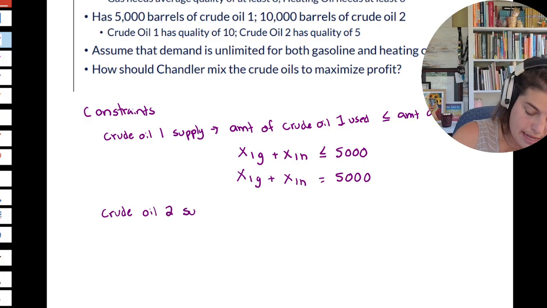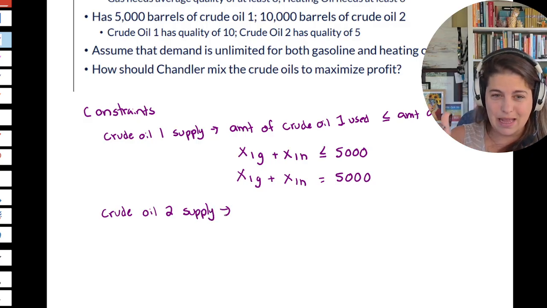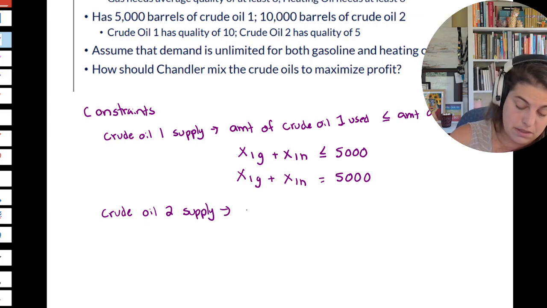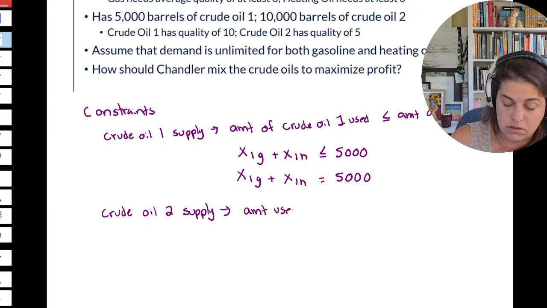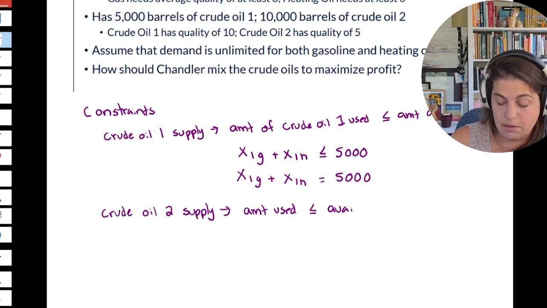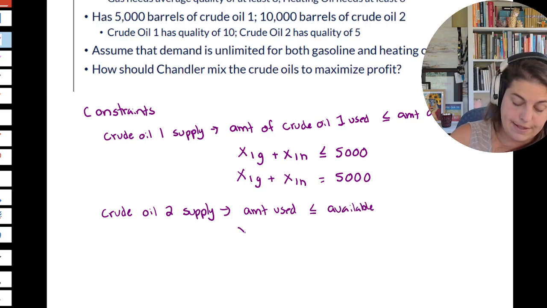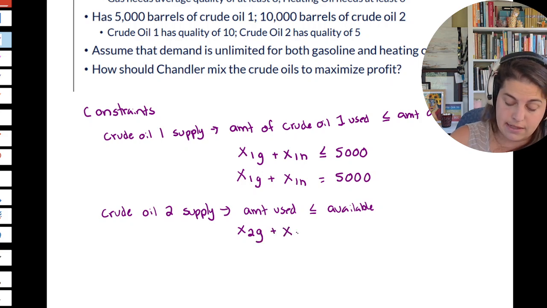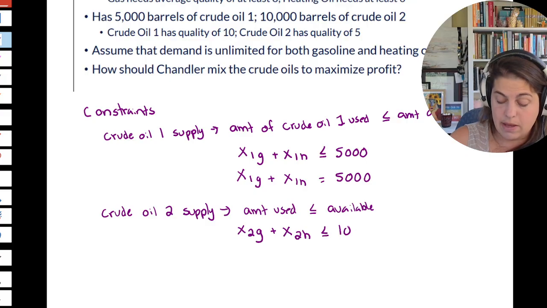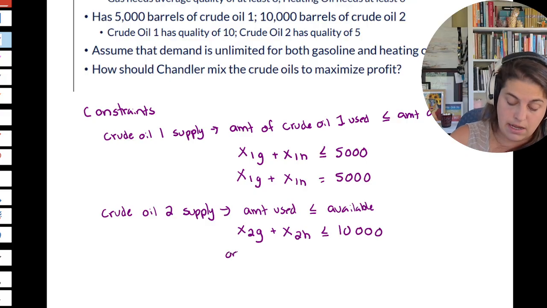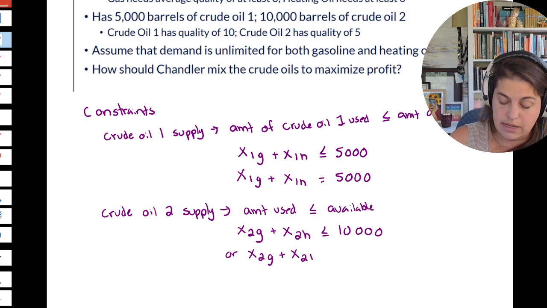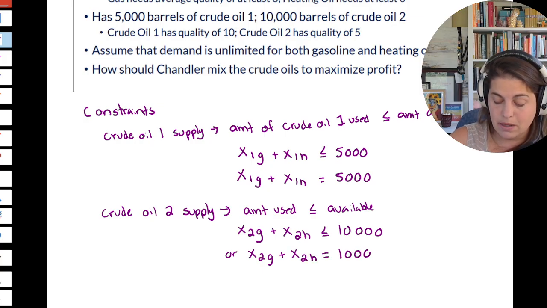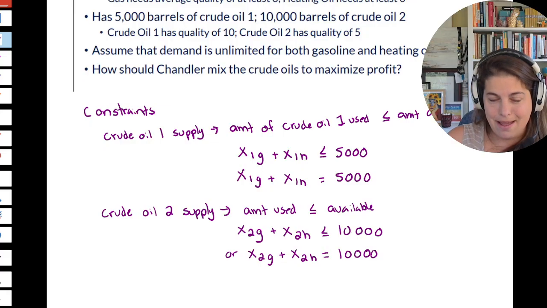Crude oil 2 supply. Again, we just want that amount that we're going to use has to be less than what's available. So the amount used less than or equal to what's available. And so the amount of crude oil 2 is what goes into gas and what goes into heating, and we have 10,000. And again, because of the way this problem is simplified, we are probably going to use all 10,000.